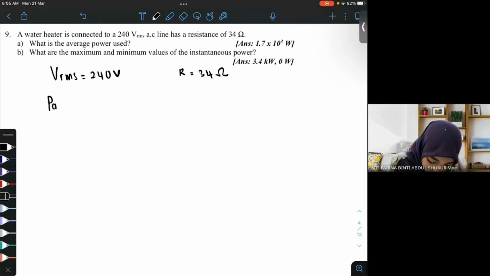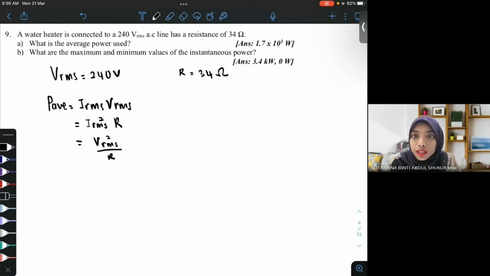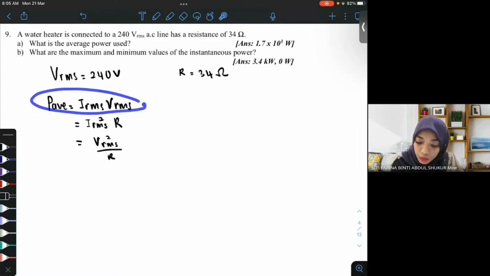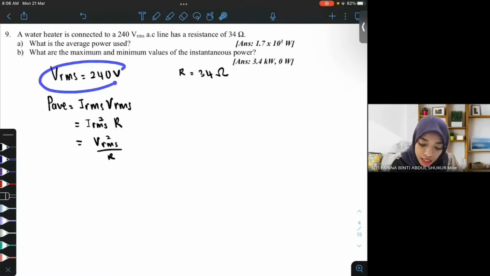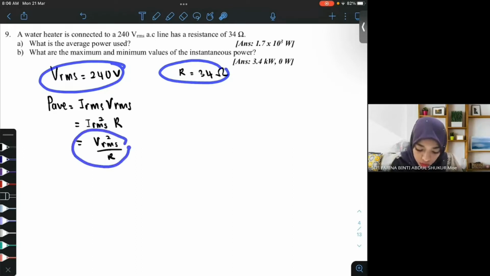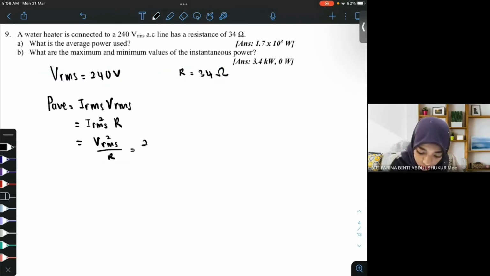For P average, we actually have three equations: I RMS times V RMS, or I RMS square times R, and another one is V RMS square over R. If you want to use the first equations, you can, but you have to find I RMS first, using the usual Ohm's law, V equals IR. Since only V and R are given in the question, you can directly use the third equation, which is 240 square divided by 34.